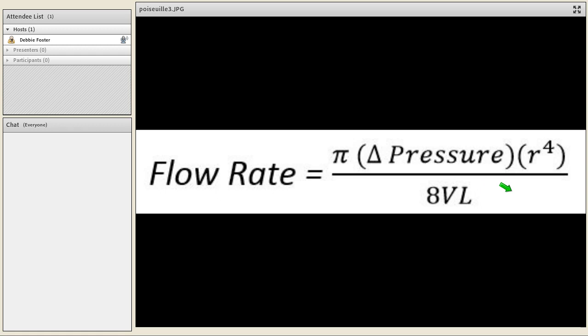So once again, Poiseuille's law essentially says that if you increase the radius, so if you do a vasodilation, you're going to see larger flow. If you do a vasoconstriction, you're going to see a dramatic drop in flow.